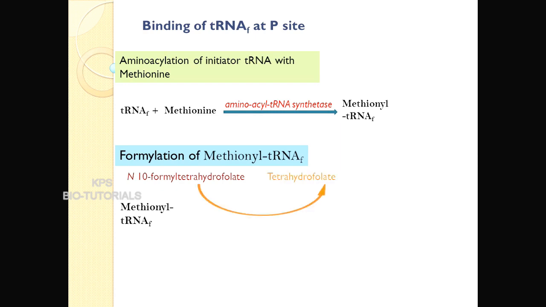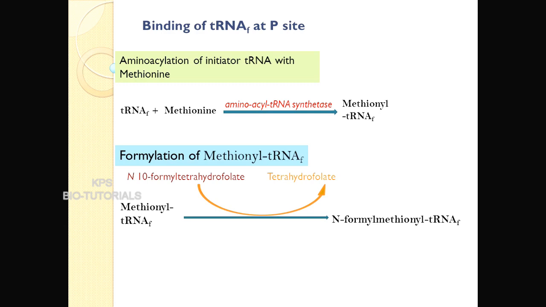This N-formyl methionine tRNA-F can only be inserted to the P site in the 30S subunit of the ribosome. And this compound will be transported to the 30S subunit by initiation factor 2.